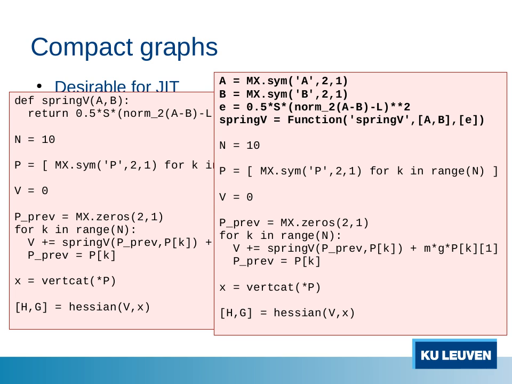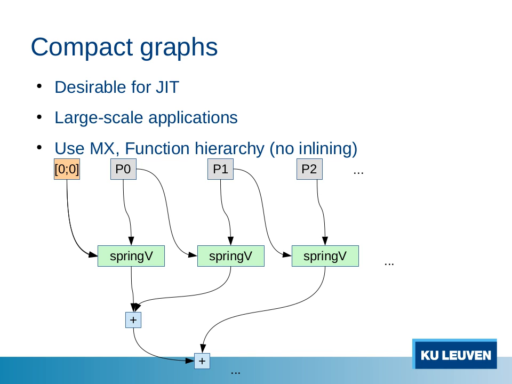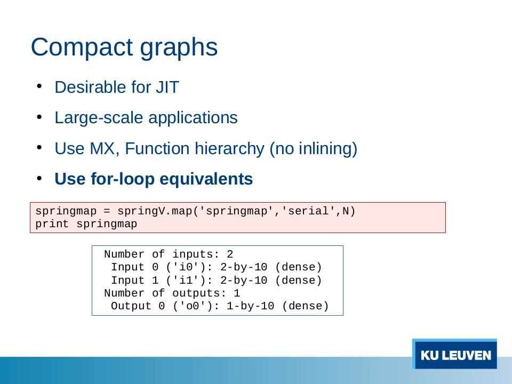On the right I removed the Python function and created a proper CasADi function. If we look at the graph in memory, we're seeing all these pointers to the CasADi function, spring, which is called spring_v. If we would do it with a Python function or Matlab function, we would get, instead of one node to a function call, a lot of nodes. You can in fact get rid of the for loop also, and then you get an even more compact graph.